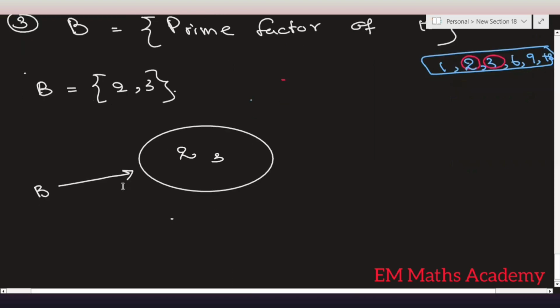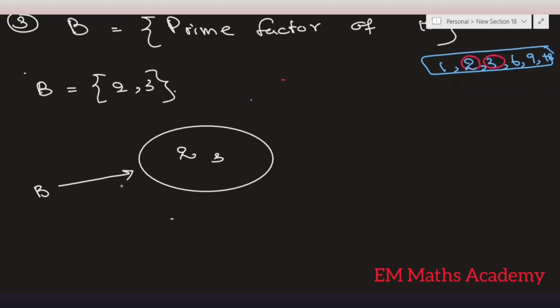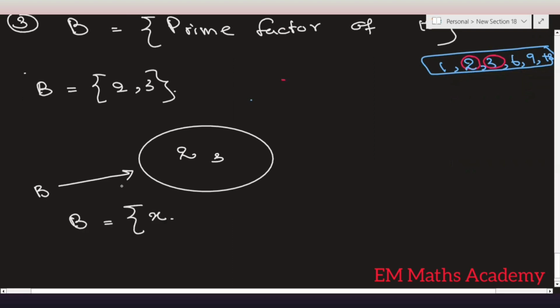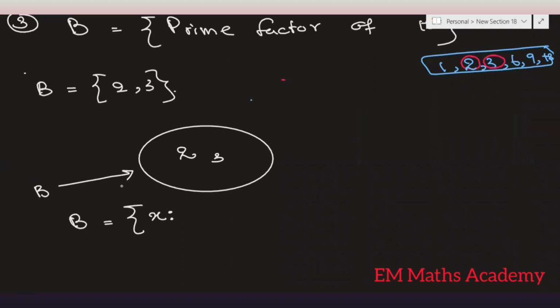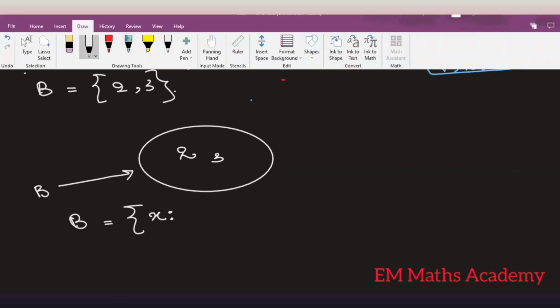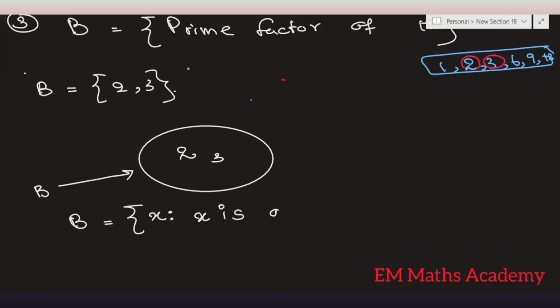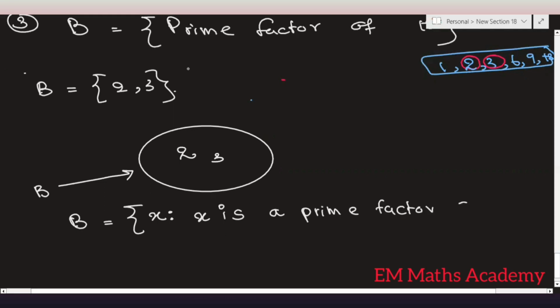Next, it is the set builder method. In the set builder method, B is written with X. Now we describe the X. What is the property? It is prime factors. X is a prime factor of 18.